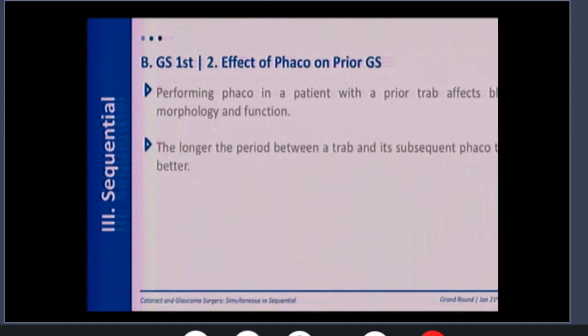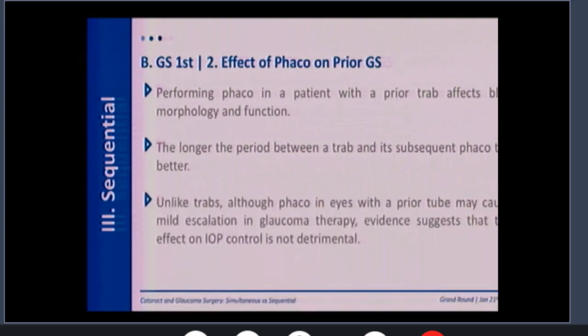So performing phaco in a patient with a prior trab might affect bleb morphology and function, and the longer the period between the trab and the subsequent phaco, the better for the patient. When looking at tube surgery, there's limited data on the effect of phaco on patients with pre-existing tube surgery, but it seems that glaucoma drainage devices are more resilient to phaco compared to trabeculectomy.